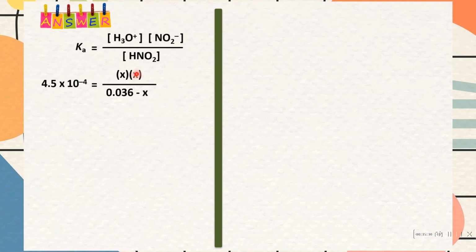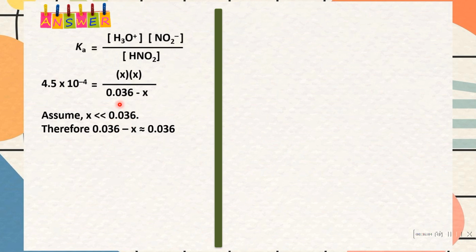For the next step, write the Ka expression. H2O is not included in the Ka expression, so you will get it like this. Remember, concentration of the products over concentration of the reactant. Substitute all the values, which refer to the concentrations at equilibrium, and the Ka value 4.5 times 10 power negative 4. Because this is 10 power negative 4, let's assume the concentration X is very small, smaller than 0.036.